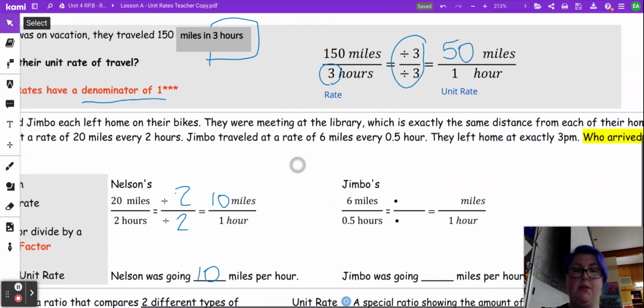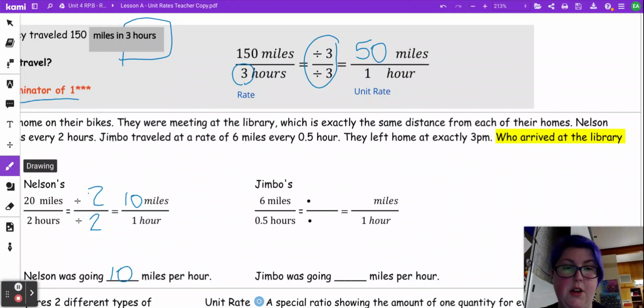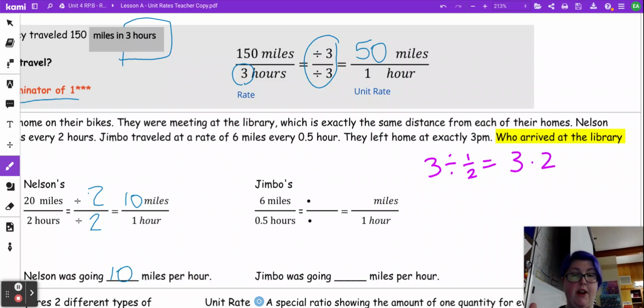Well, what's Jimbo's rate? Jimbo is going 6 miles in half an hour. So remember back to fractions, 3 divided by 1/2 is the same as 3 times 2, because when we KFC, keep, flip, change, that becomes 3 multiplied by 2 over 1.